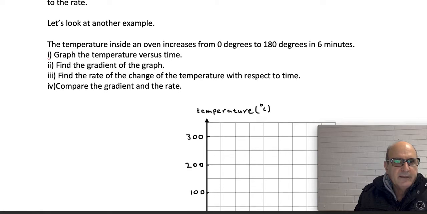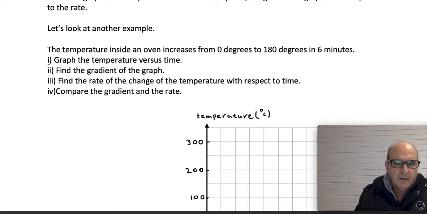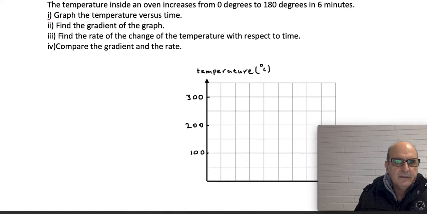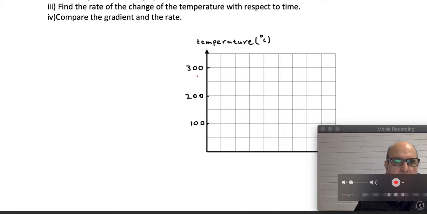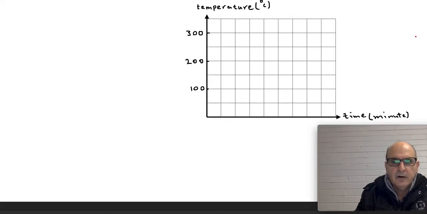It says the temperature inside an oven increases from 0 degrees to 180 degrees in 6 minutes. Graph the temperature versus time. So I've got a Cartesian plane where on the vertical axis I'm putting the temperature and on the horizontal axis I'm putting the time.